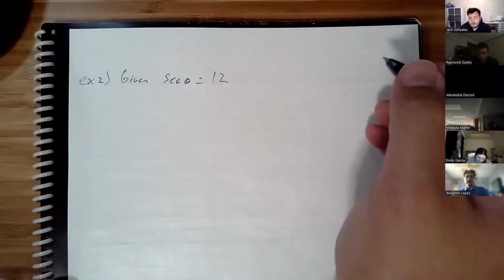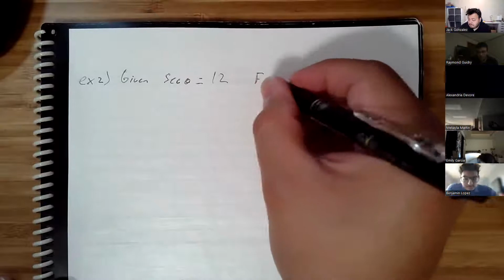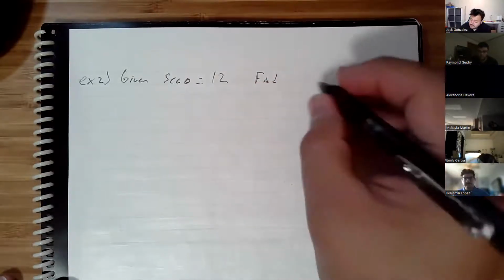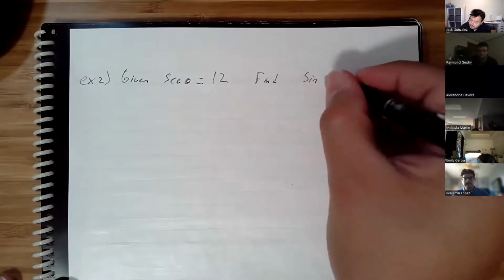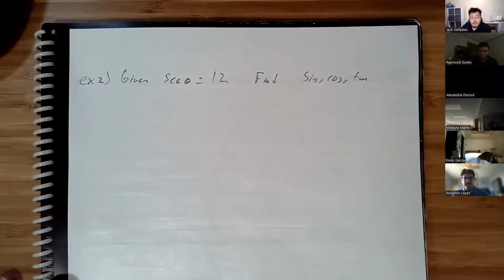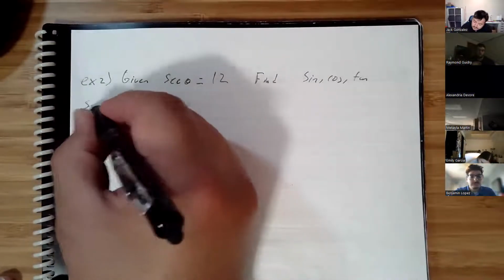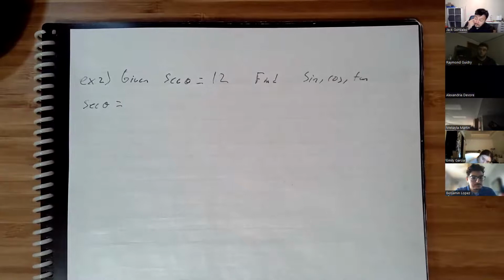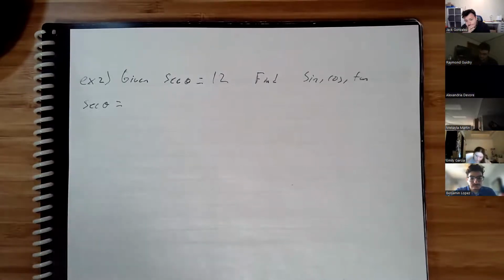Can you find sine, cosine, tangent? So secant is defined as what? We need the definition.